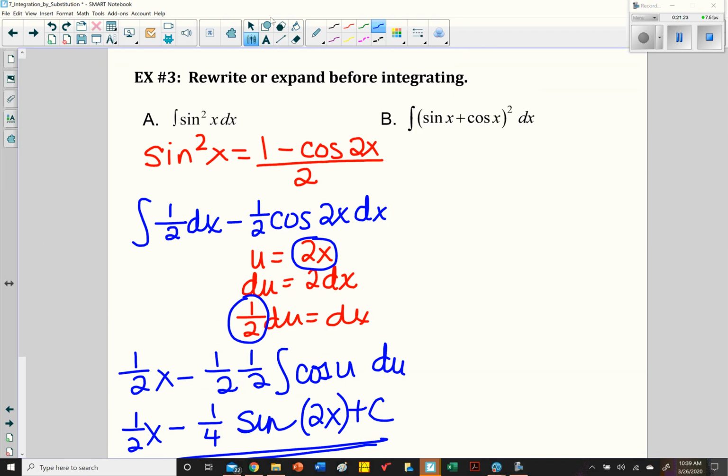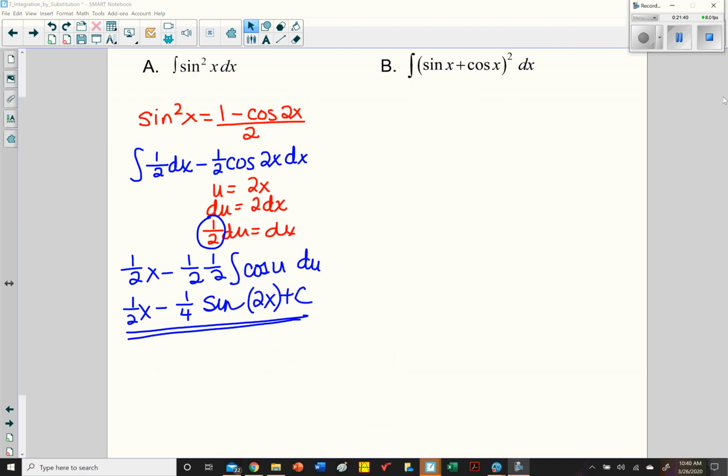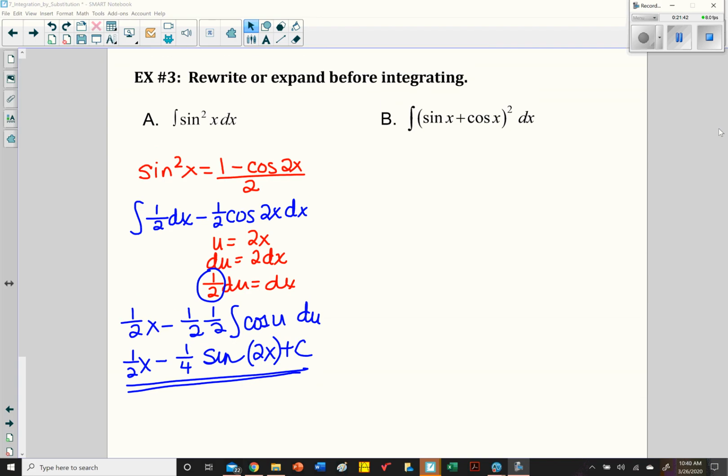And then in this case, maybe expand that out and let's see where that goes. First, I'm going to shrink this up a little bit. Okay, my writing was too big.